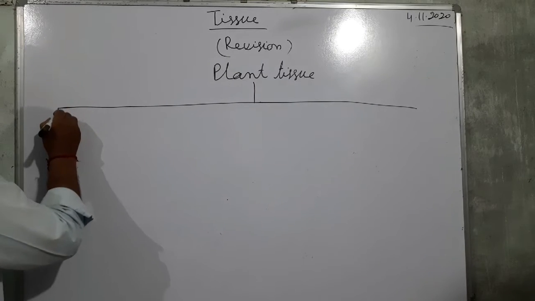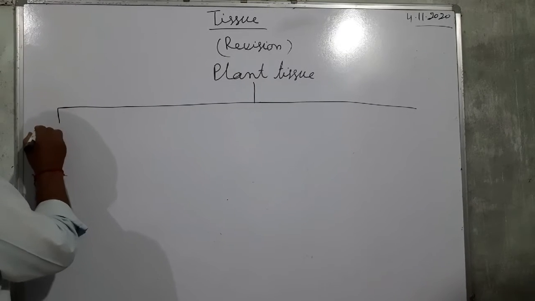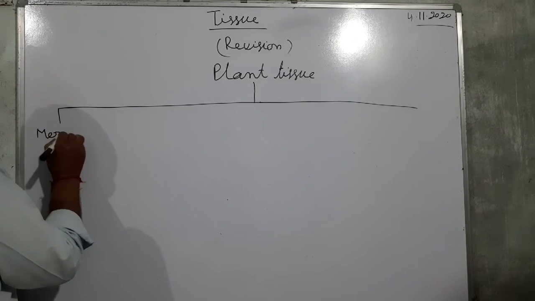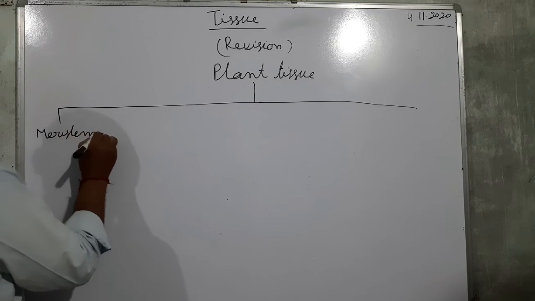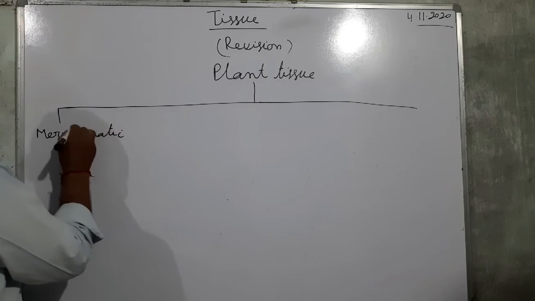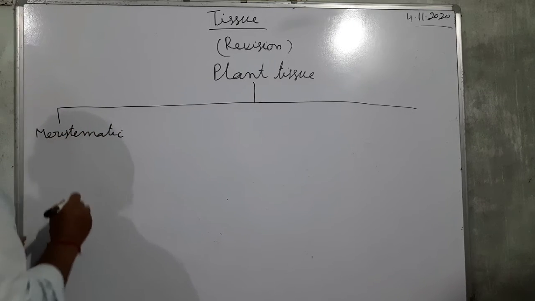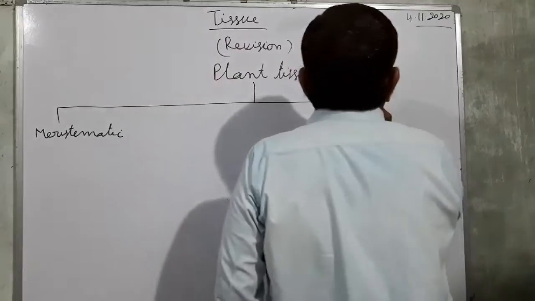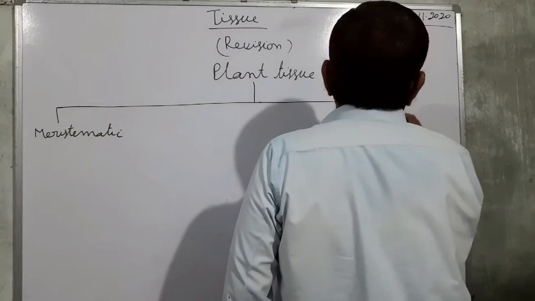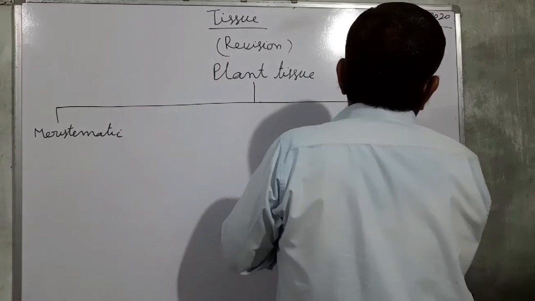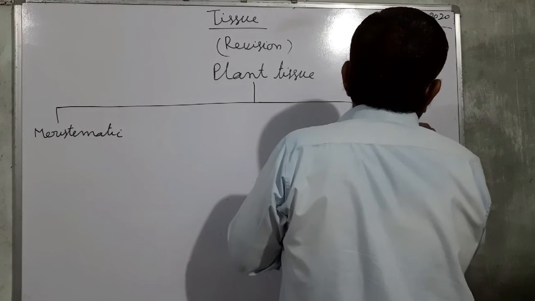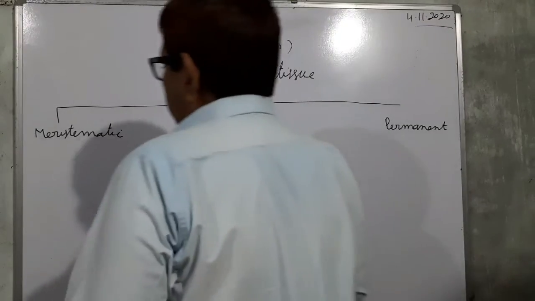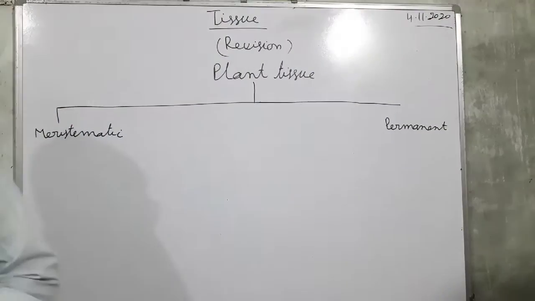Number one is meristematic and the other is permanent. One is meristematic tissue and the other is the permanent tissue.